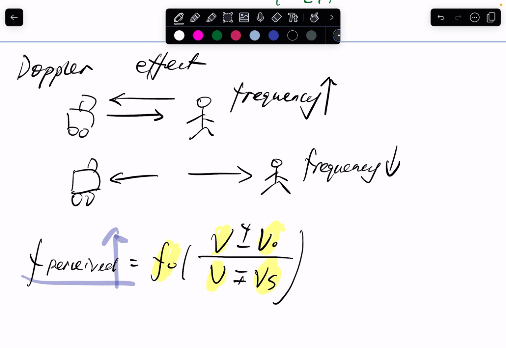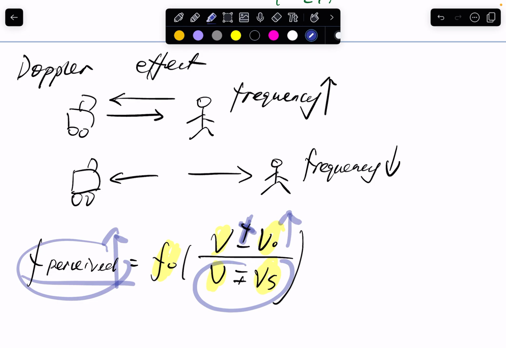So you just need to know if you plug in plus VO or minus VO. In this case, if I want the perceived frequency to get larger, then the numerator has to go up. You don't want to subtract VO from V; you want to add something to make this part large.